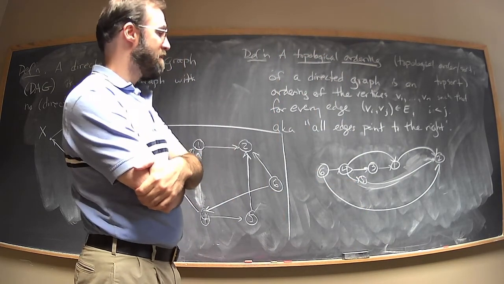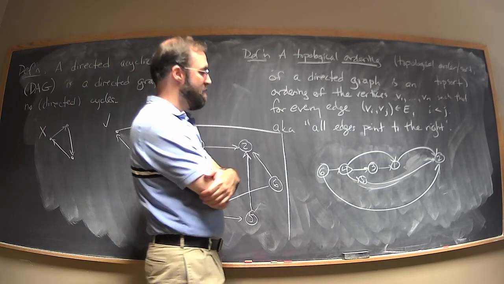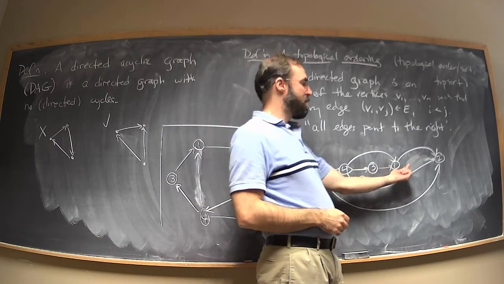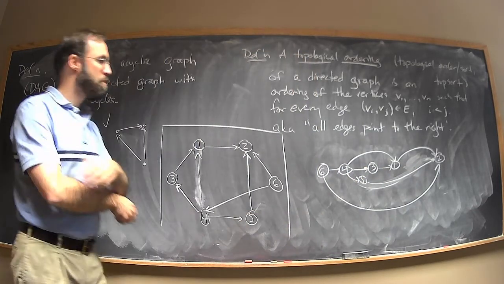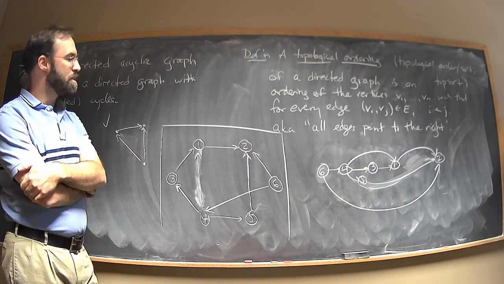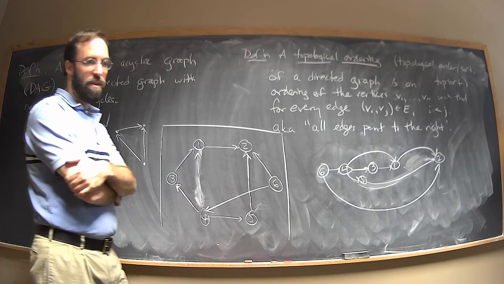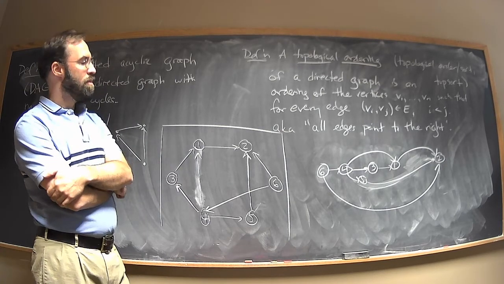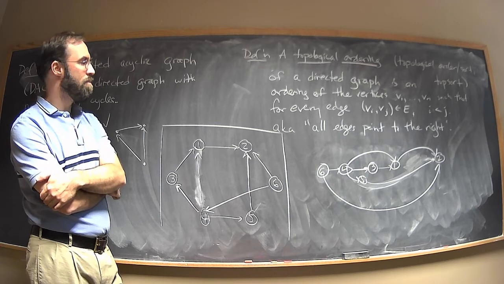Yeah, I think that would work. So 5 could go here, or it could go here, or it could go here. Any of those 3 places would be okay. Anyway, the point is that a topological ordering may not be unique. So there could be multiple topological orderings that would work if one exists.